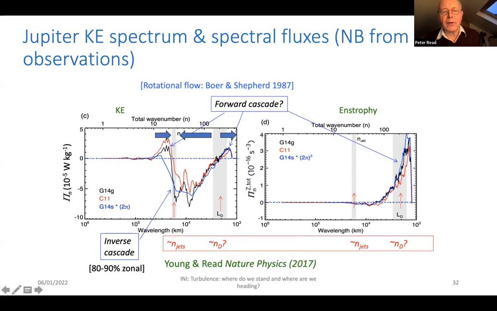Interestingly, there is a turnover that's very close to a length scale comparable to what we can deduce to be the deformation radius, and then a convergence of kinetic energy at a scale which corresponds to the zonal jets themselves. In fact, a further decomposition shows that this inverse cascade particularly is dominated by direct interactions between eddies and zonal flows rather than by any sort of incremental cascade, almost by a factor of 10.